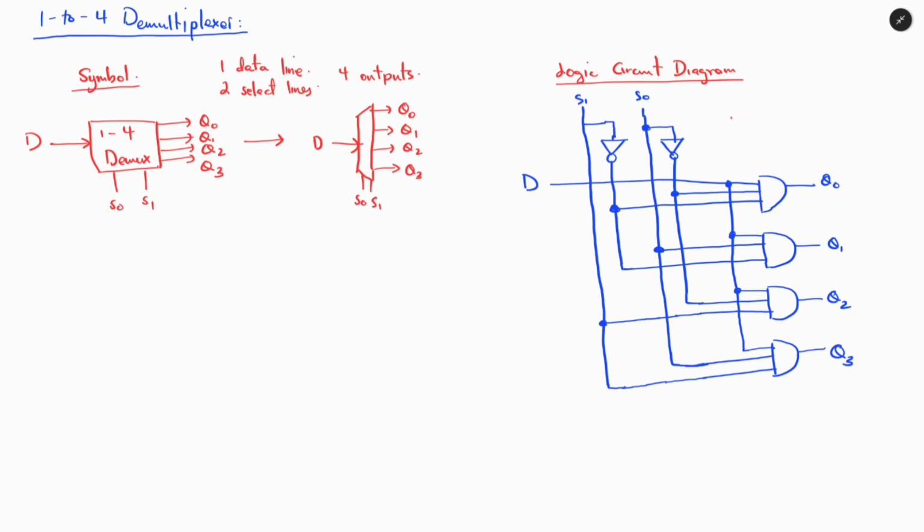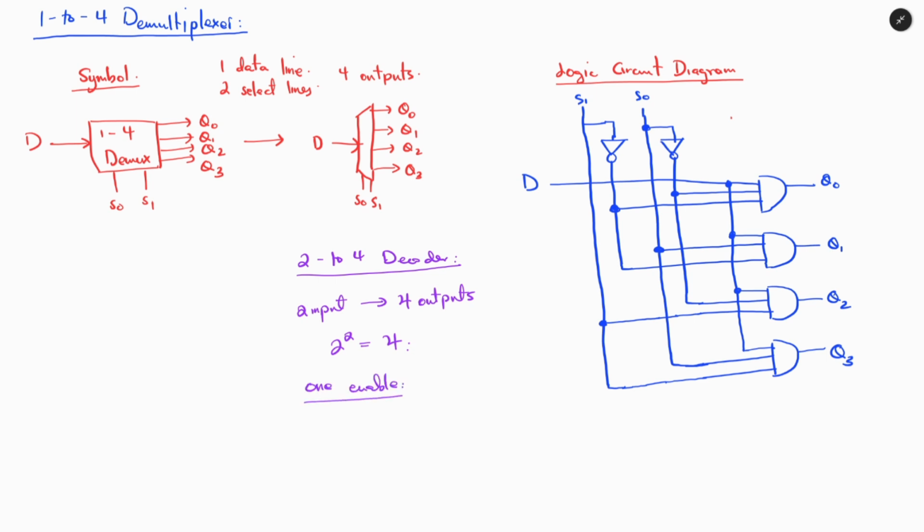Remember from our discussion of the 2 to 4 decoder, we have 2 inputs and 4 outputs, where 2 to the power of the 2 inputs gives us 4 output combinations, and we mostly have 1 enable.